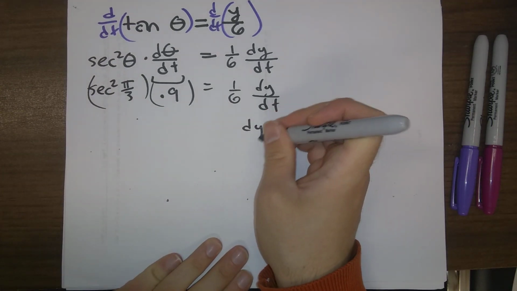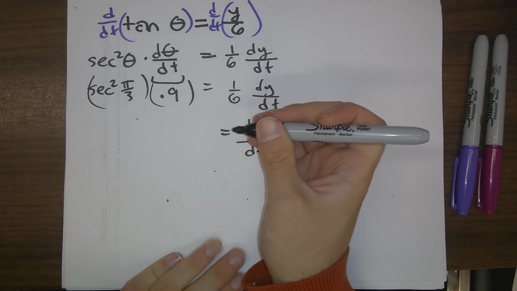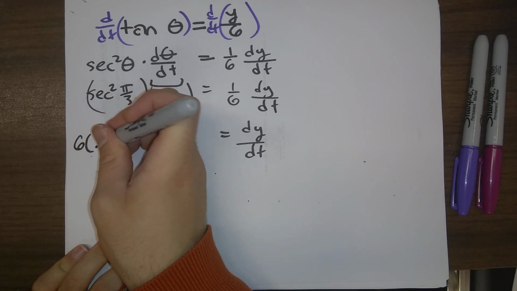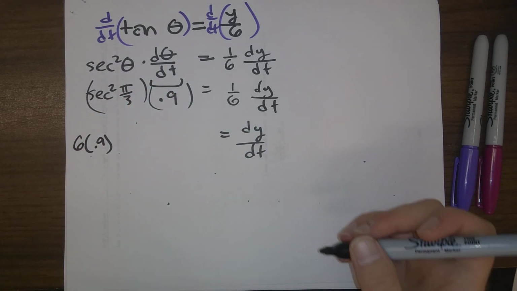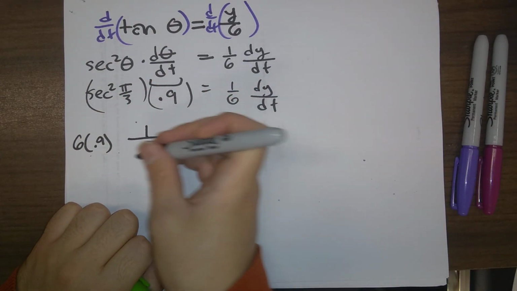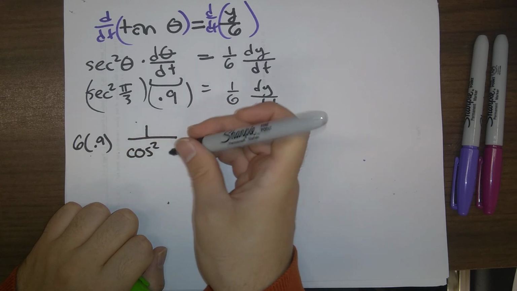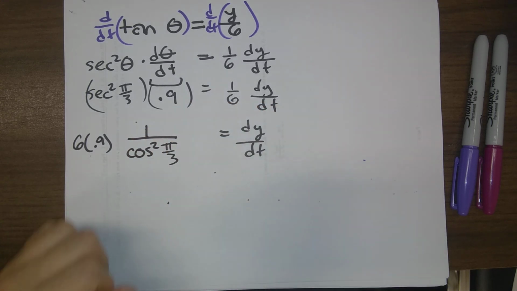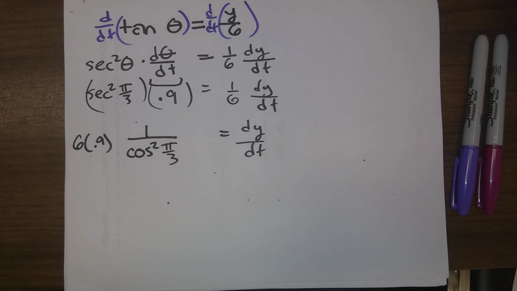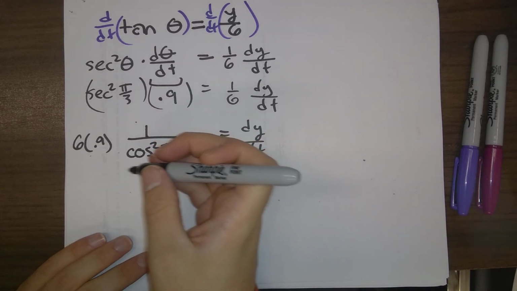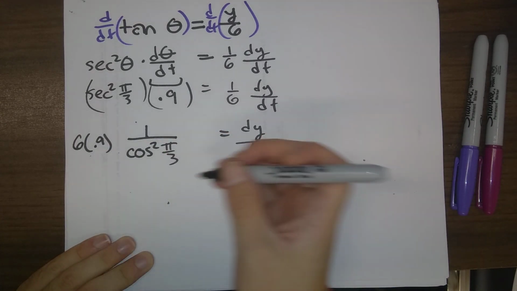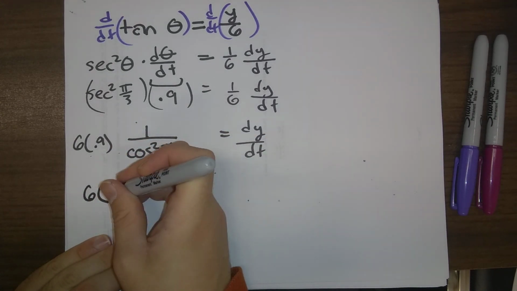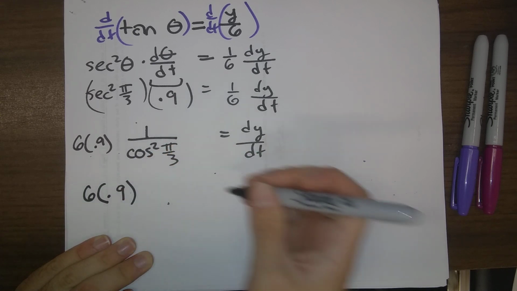So solving this for dy/dt, we have 6 times 0.9. Secant, remember, is 1 over cosine. I think it will be a little bit easier to express as 1 over cosine squared of pi over 3. And so the only thing that we have left to do is, what is cosine of pi over 3? Cosine of pi over 3 is, of course, going to be 1/2.